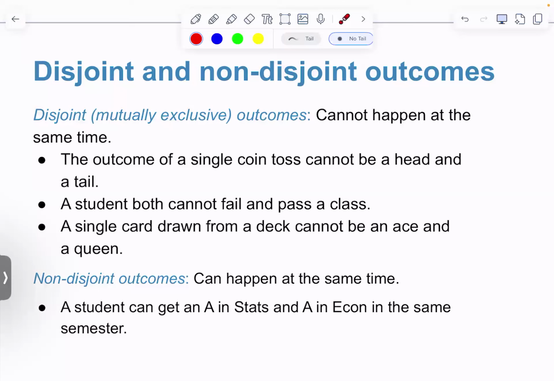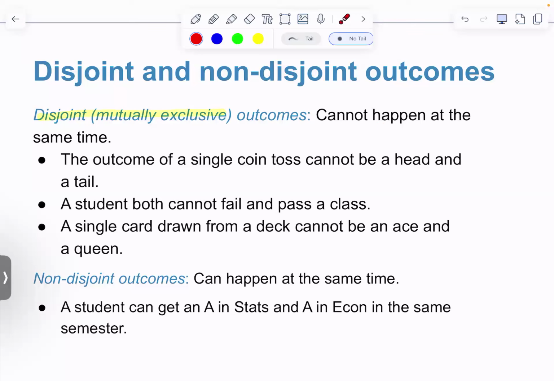Okay, rewind. We're going to have this idea of disjoint and non-disjoint outcomes. Disjoint, or mutually exclusive if you're coming from a different field, I'll use them interchangeably, means that these two things cannot happen at the same time.